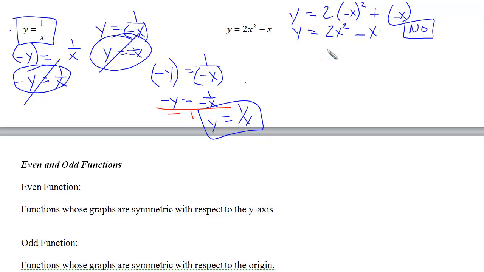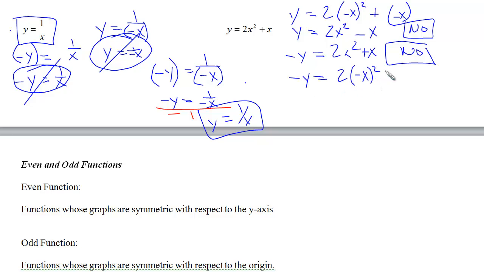If I check about the x-axis, I'm going to make this a negative y. Clearly that's not equivalent. And we'll flip them both. We'll simplify.